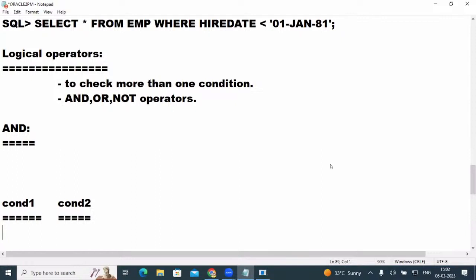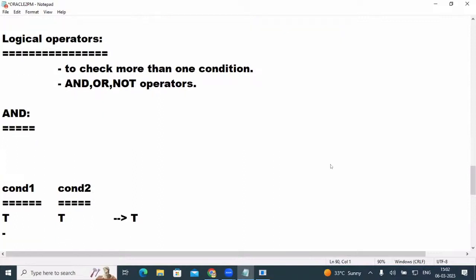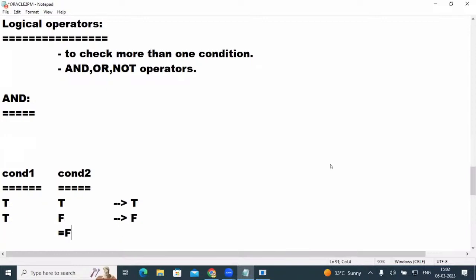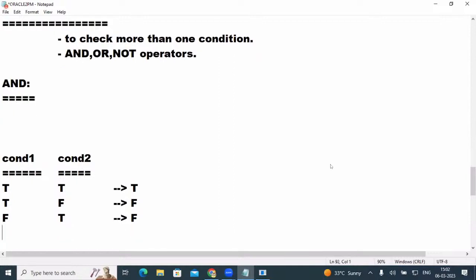First condition true, second condition true: true. First condition true, second condition false: false. First condition false, second condition true: again false. First condition false, second condition false: false.